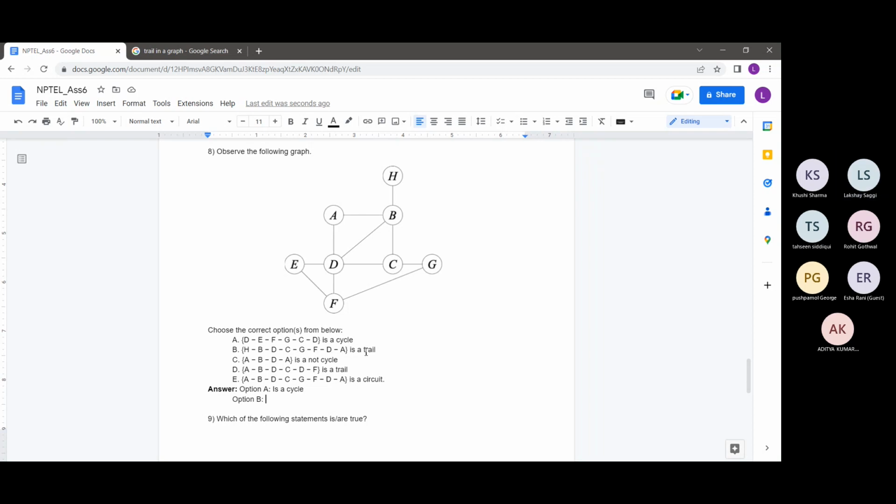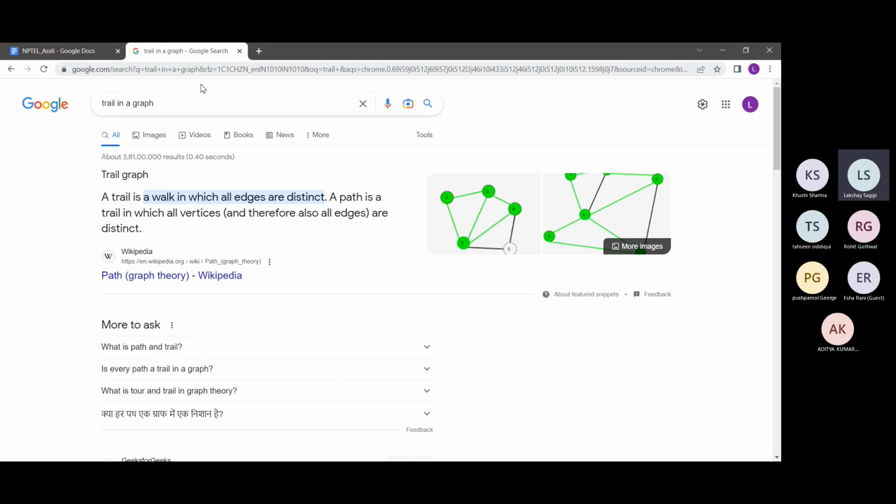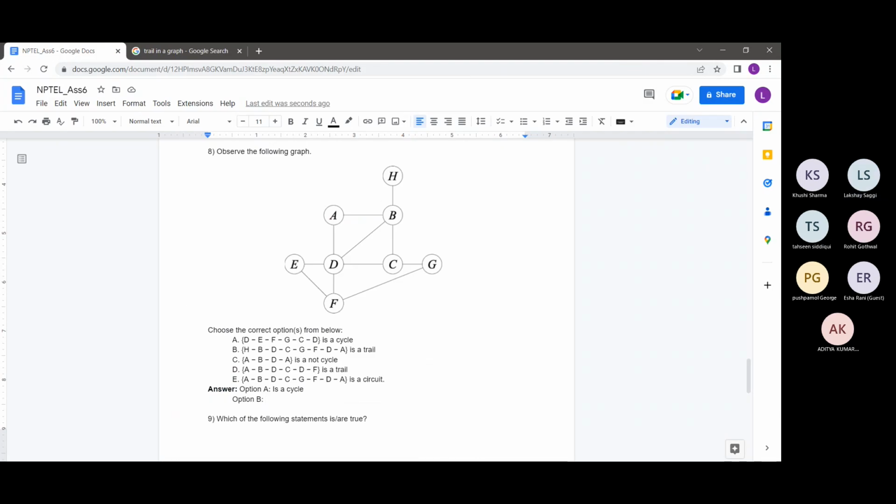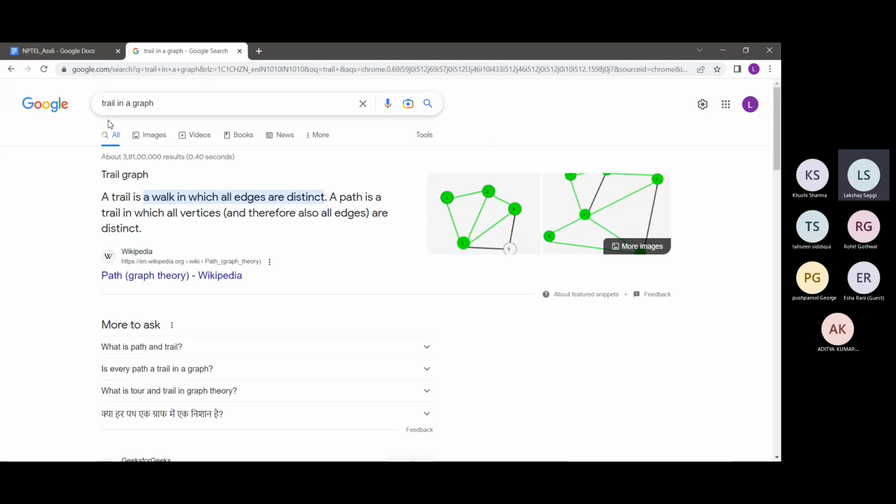So let's go to option B now. Option B is whether this sequence is a trail or not. A trail is a walk in which all edges are distinct.